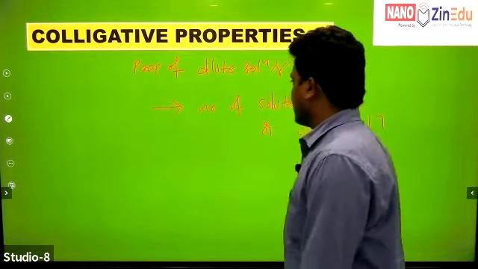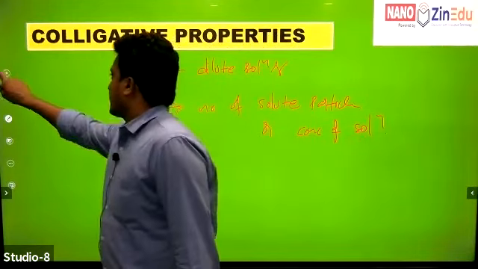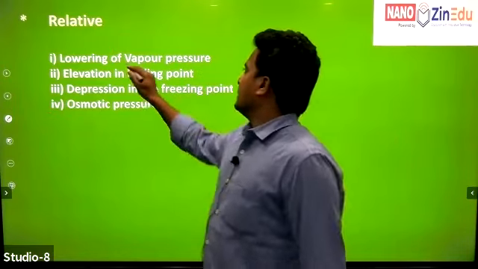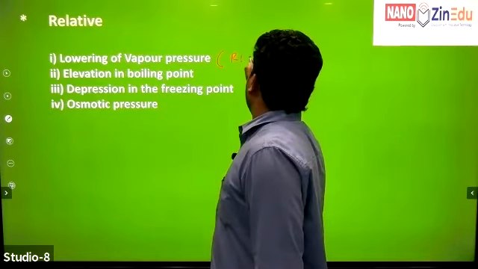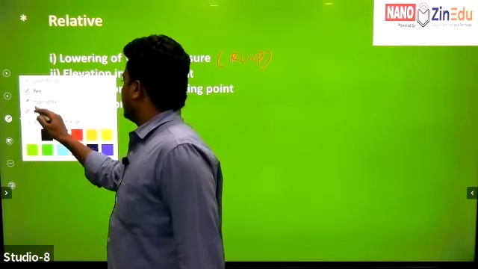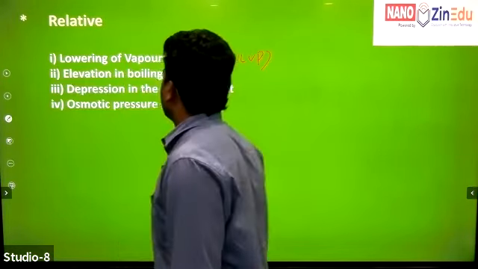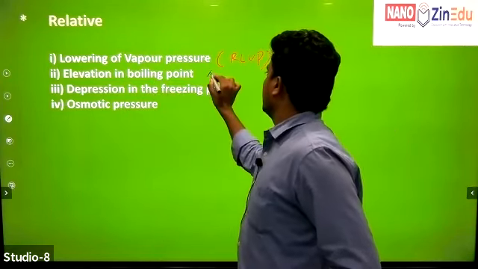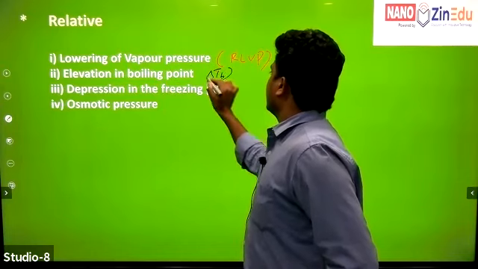Now, what are the colligative properties? They are four. One is RLVP, relative lowering of vapor pressure. Second is elevation in boiling point, represented by delta TB.